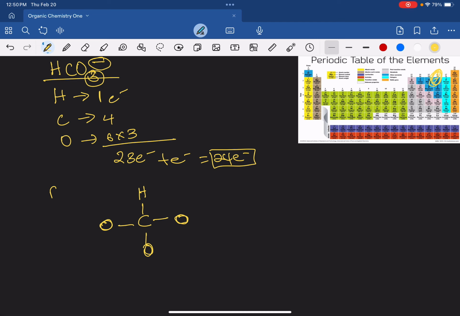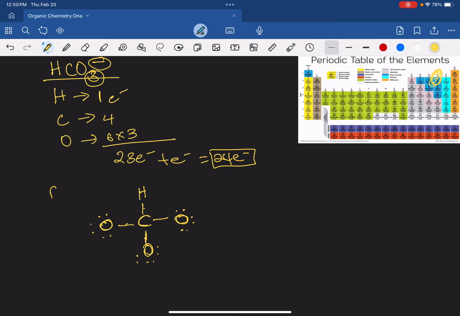Let's give everyone a full octet. I already know that the hydrogen has a full octet. So does the carbon, because I have 2, 4, 6, 8. It's the oxygen that doesn't have a full octet. The oxygen only has 2 electrons, so I need to give it 6 more. That's why I'm drawing these lone pairs. I don't have any other atoms to bond to it, right?